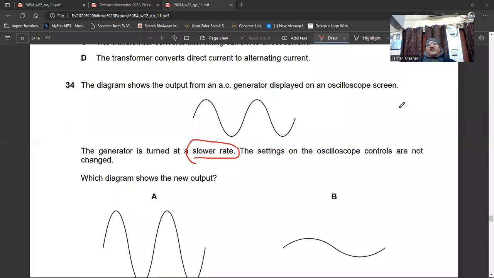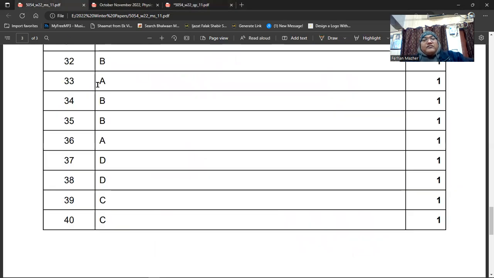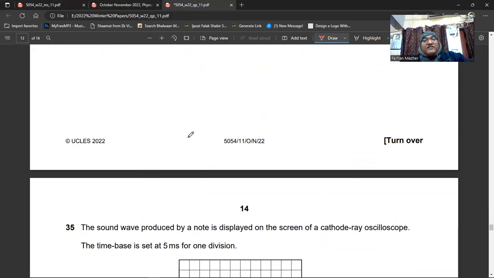When the generator rotates at a slower rate, the EMF induced will have a longer time period and its frequency will be less, and the amplitude of that display will also decrease. So let's check. It should become B. Question number 34, B is the right choice, sir.